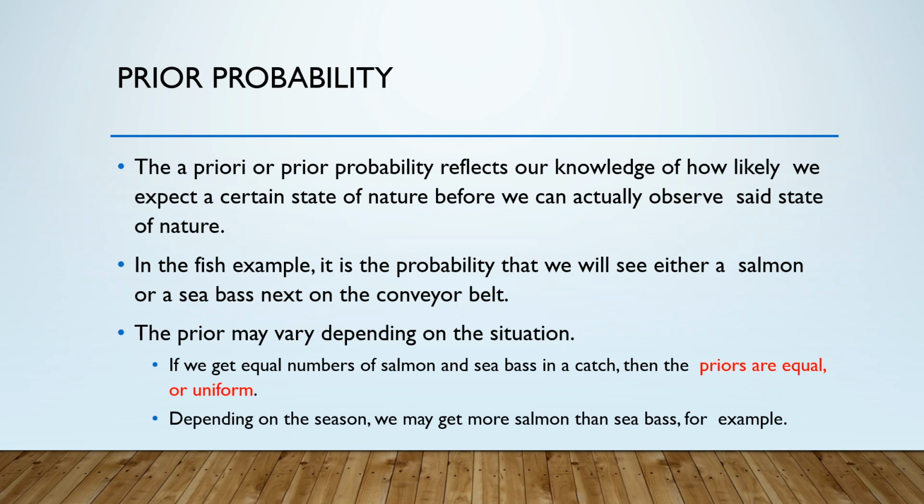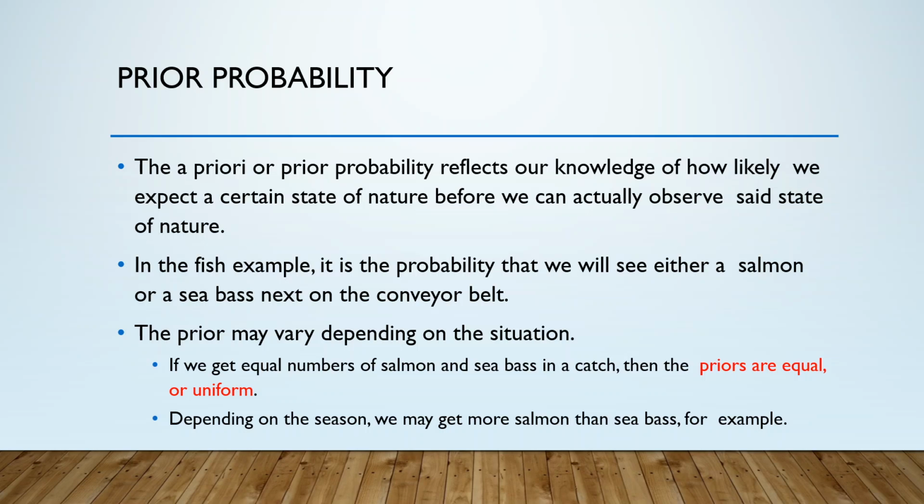In this decision theory, there are certain concepts. The first concept is prior probability. The a priori or prior probability reflects our knowledge of how likely we expect a certain state of nature to be before we actually observe it.